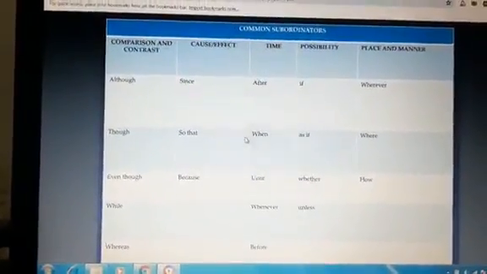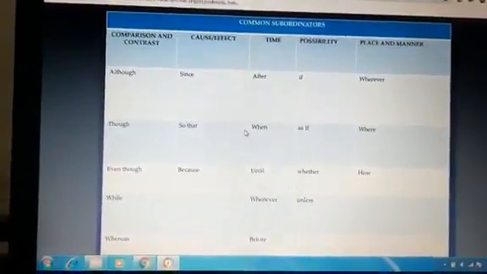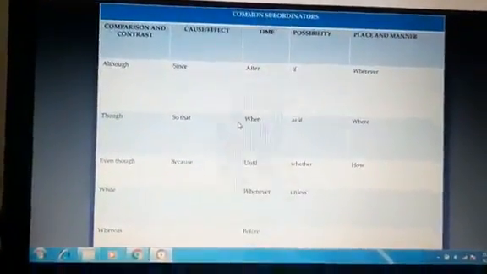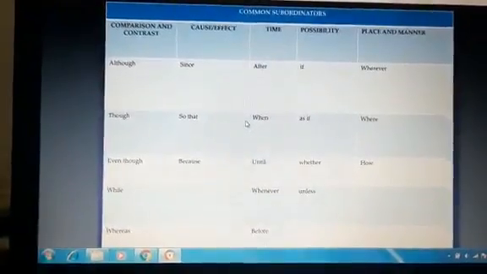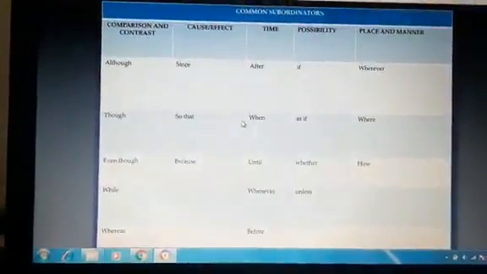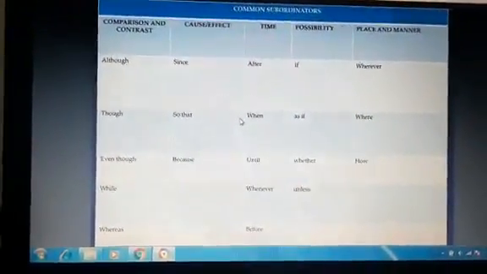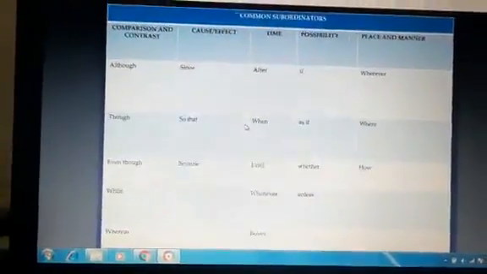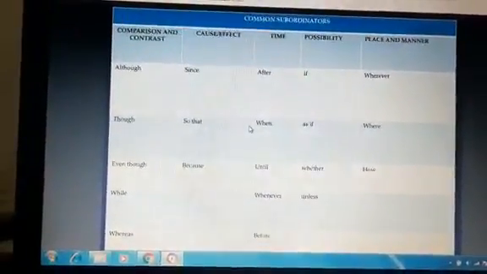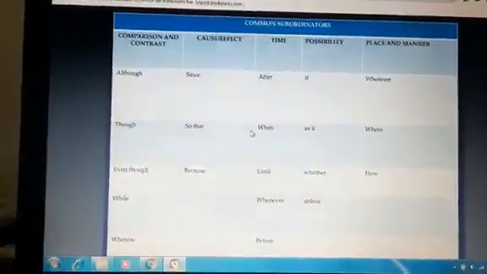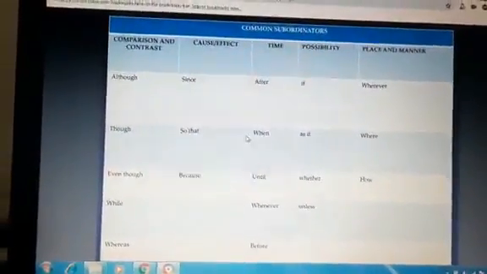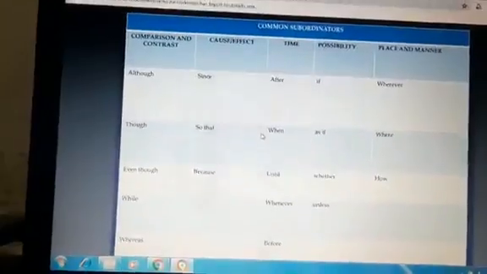Time subordinators are after, when, until, whenever, before. Possibility is shown by subordinators like if, as if, whether, unless. Place and manner is shown by subordinators like wherever, where, how.